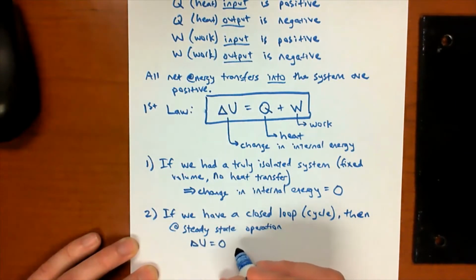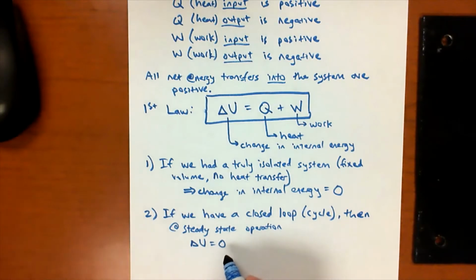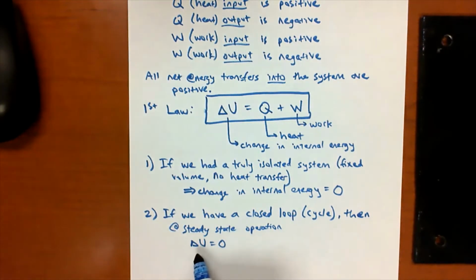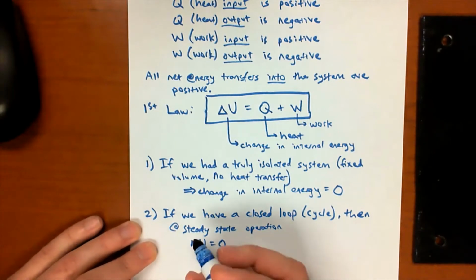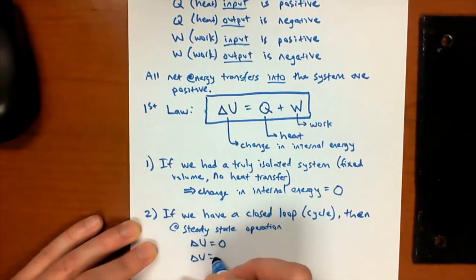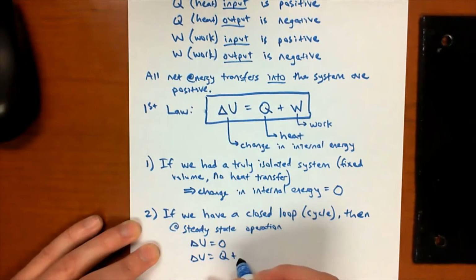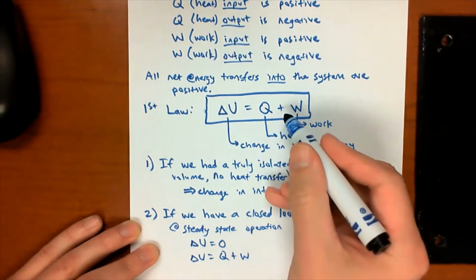Otherwise, if delta U did not equal 0, then our whole system would keep on getting hotter and hotter, or else it'd be getting colder and colder, depending on whether delta U was positive or negative. But we can say that if we have a closed loop cycle, then at steady state, delta U equals 0. And we also know that delta U equals Q plus W from up here.